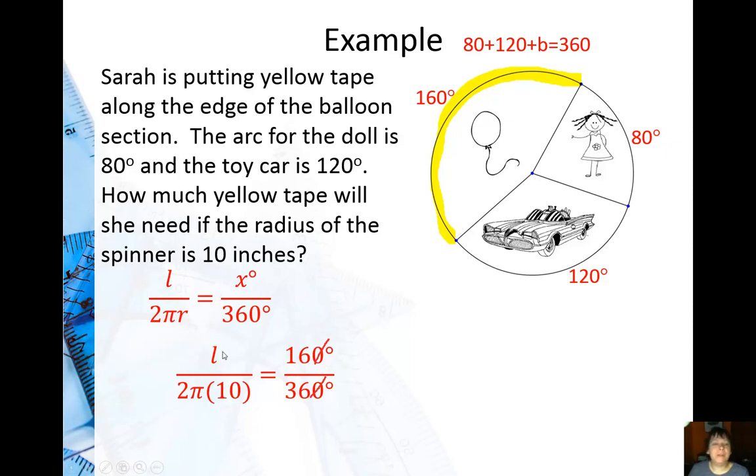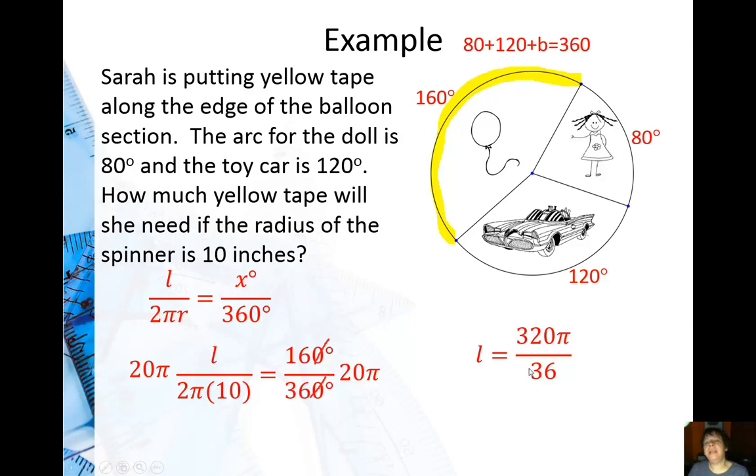So anyways, I'm trying to solve for this L, but it's being divided by 20 pi. Well, the way I undo division is multiplication. So I'm going to multiply both sides by 20 pi. This is going to simplify, and I just get L is 320 pi over 36. Now I could simplify that further if I wanted to. Both of those are divisible by 4.